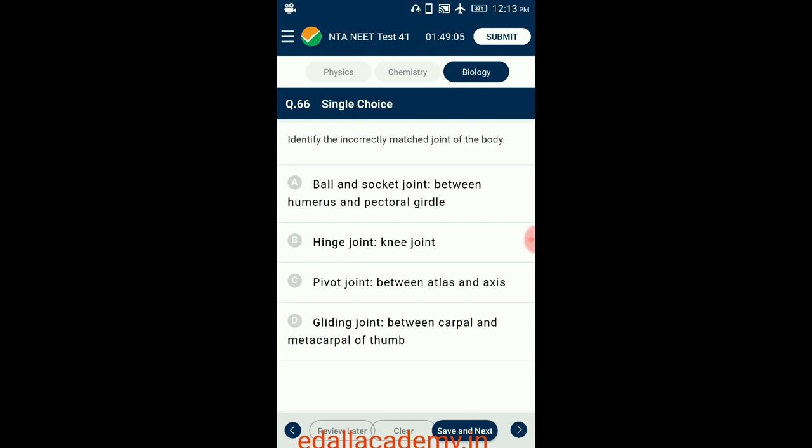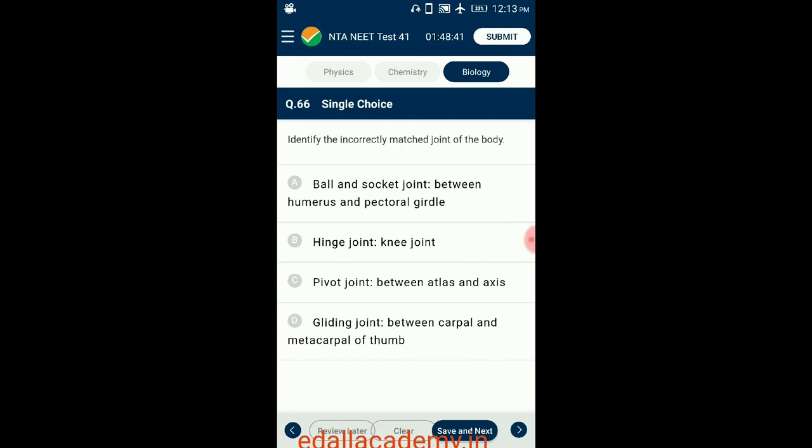Question number 66. Identify the incorrectly matched joint of the body. Here 4 joints are given. A gliding joint, also known as plane joint or planar joint, is a common type of synovial joint formed between bones that meet at flat or nearly flat articular surfaces.